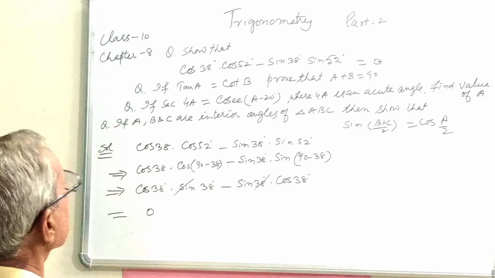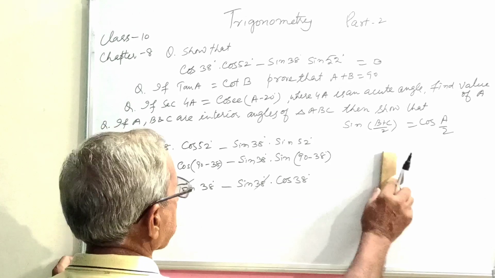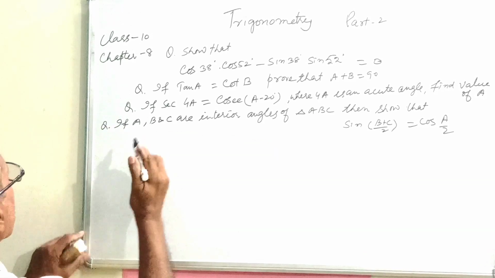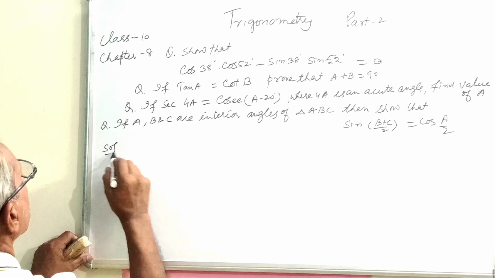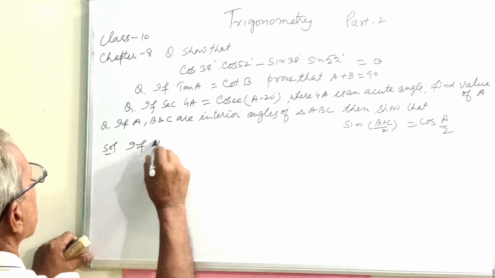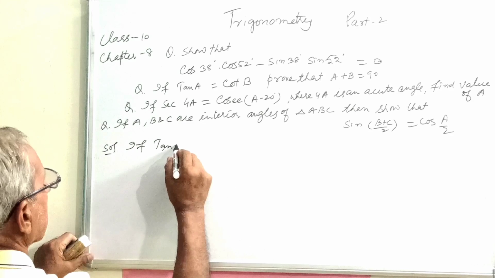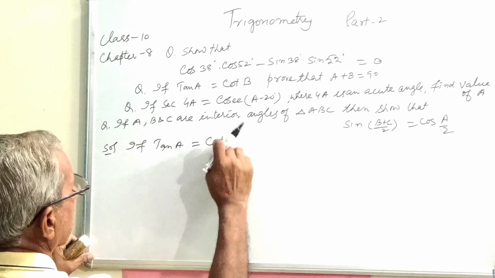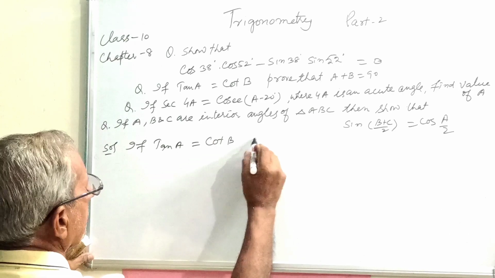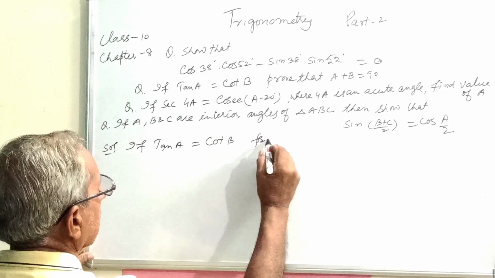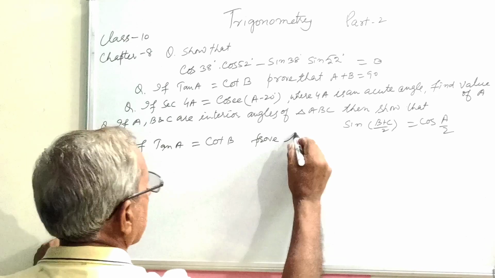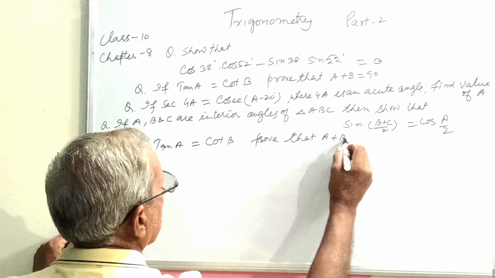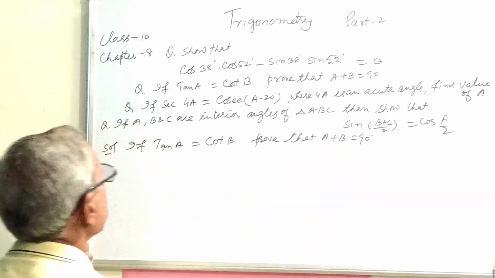Now let us take the second part. If tan A is equal to cot B, you have to prove that A plus B is equal to 90 degree.